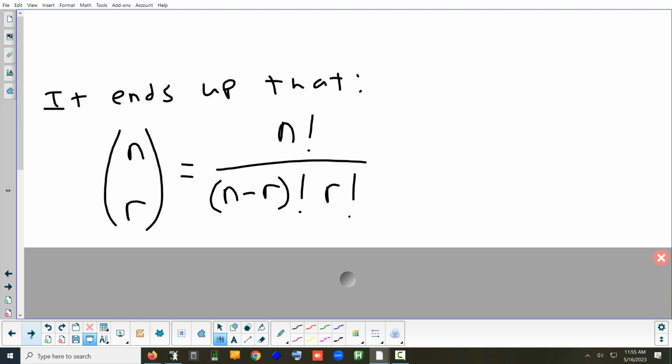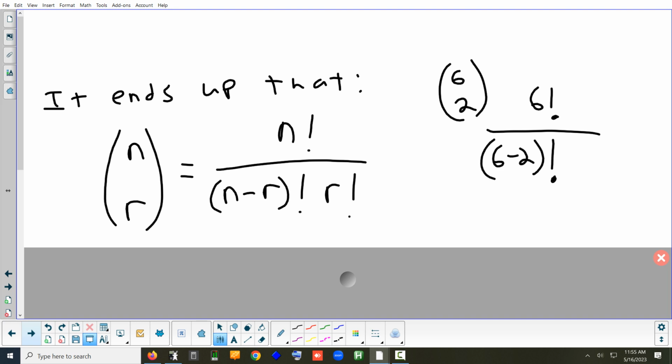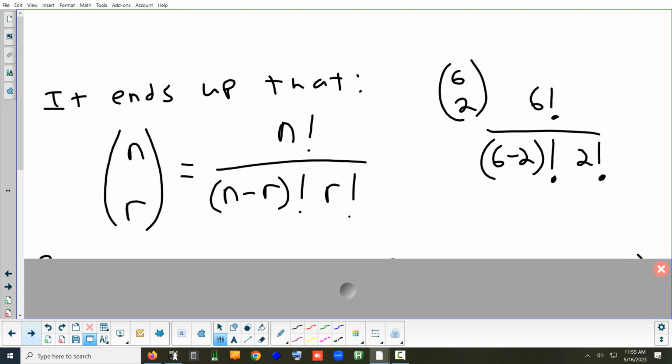So that's the formula: N factorial divided by R factorial times N minus R factorial. It's 6 factorial divided by 6 minus 2 factorial, times 2 factorial. We can simplify it quite a bit. What does 6 factorial mean? Every number multiplied between 1 and 6: 6, 5, 4, 3, 2.